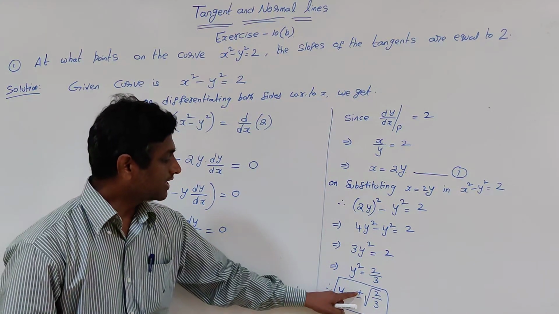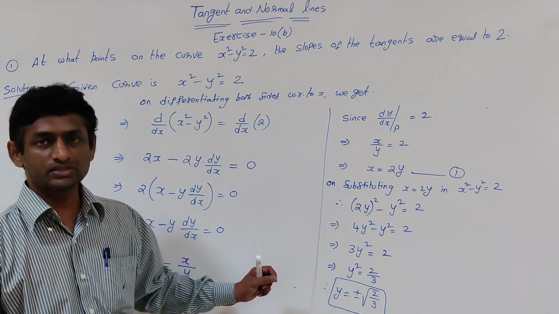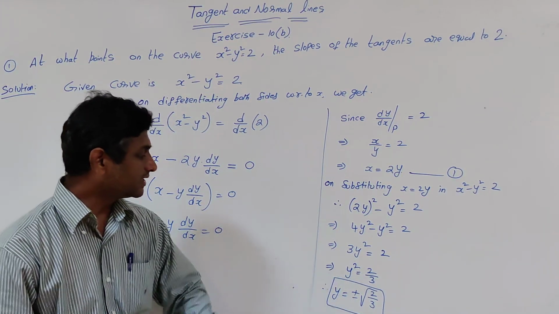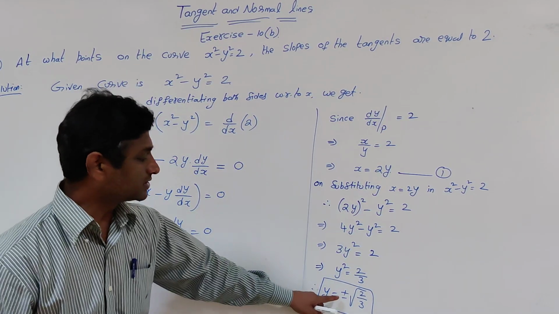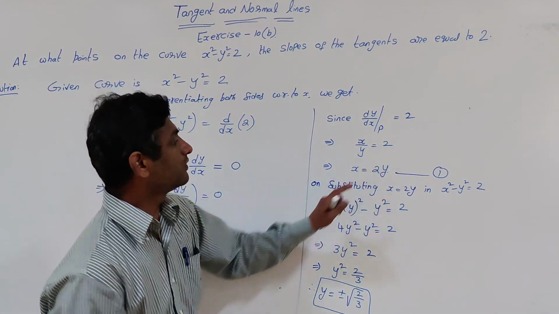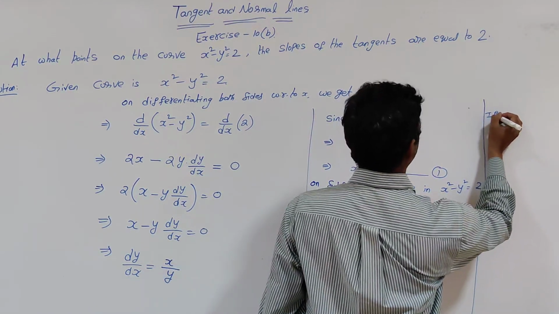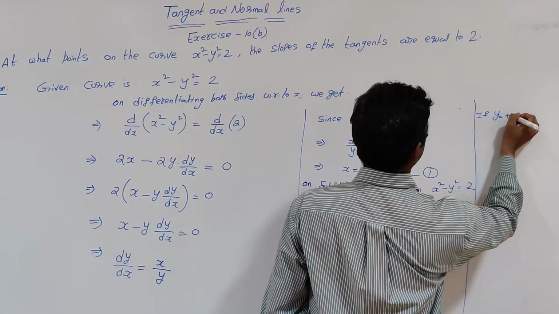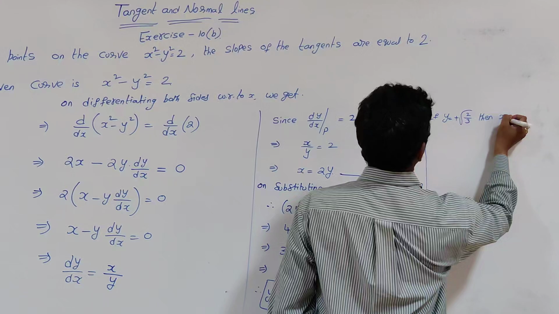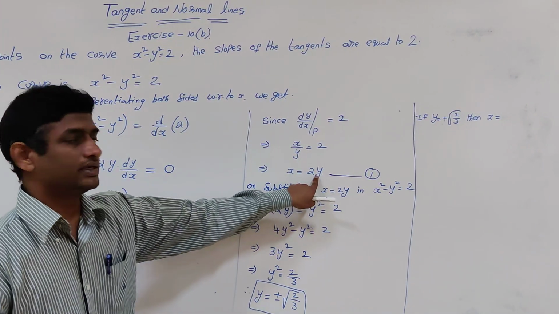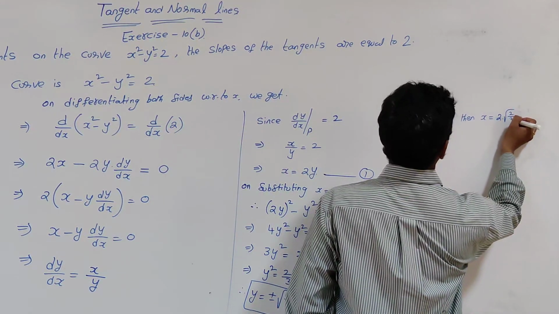So if we take plus under root of 2 by 3, then what will be x? And if we consider y is equal to minus root 2 by 3, what will be x? So substitute this y is equal to plus or minus root 2 by 3 in equation 1. So if y is equal to plus under root of 2 by 3, then x is equal to what? 2 times y, 2 into under root of 2 by 3.